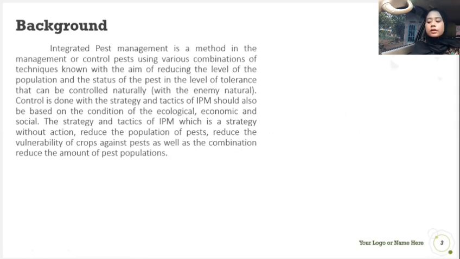Control is done with the strategies and techniques of IPM, both technical and social.